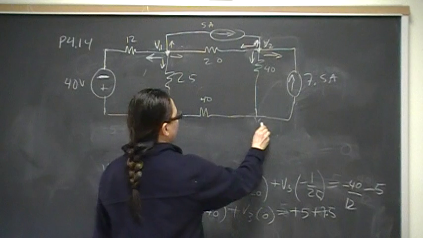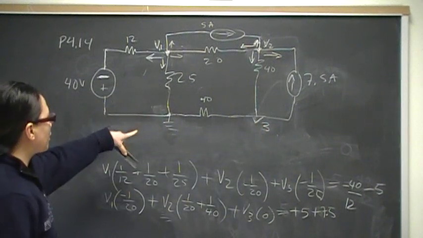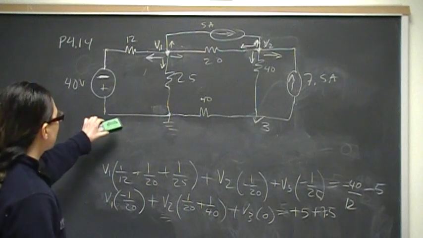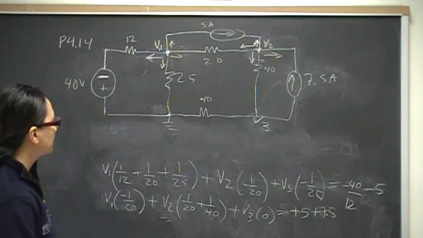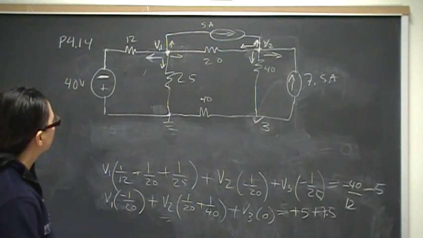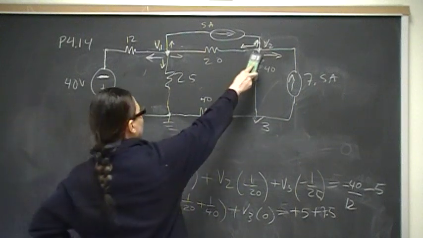Excuse me. Yes, I prefer my reference node to be right here. Hold on one second. Do I really prefer that? Yes, I do. So I'm going to redo this one.